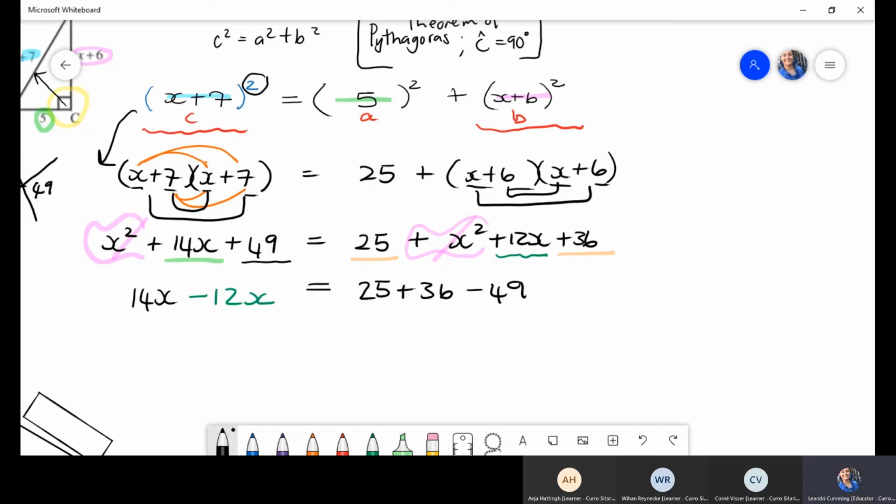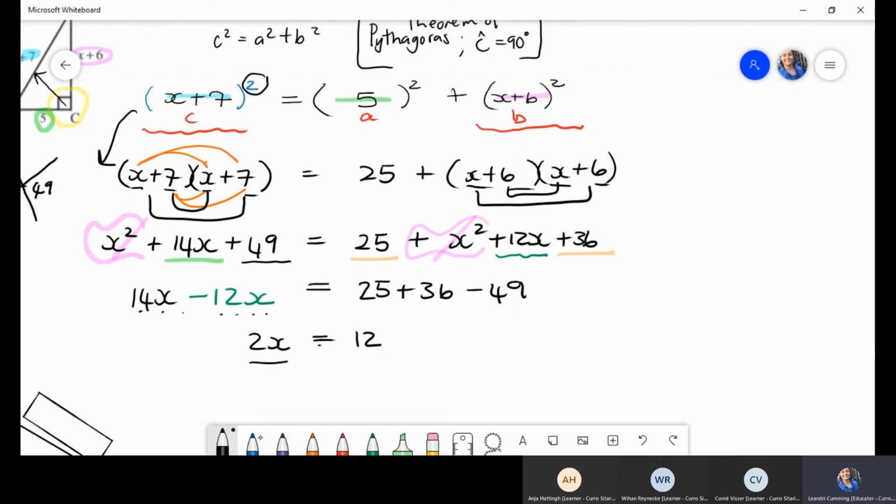Now 25 plus 36, and we have a minus 49, and that's 61 minus 49 will leave me with 12. Then I have 14x minus 12x leaves me with 2x.